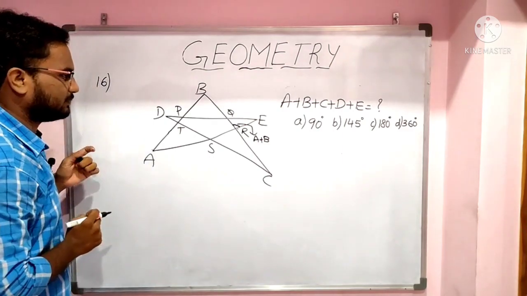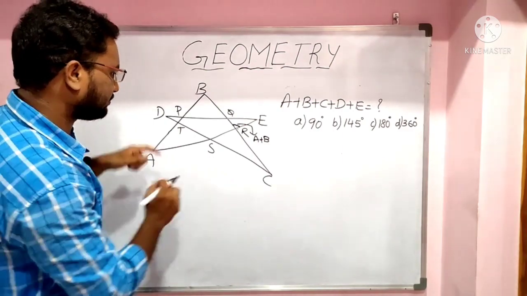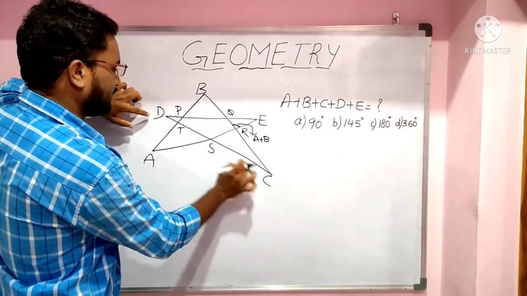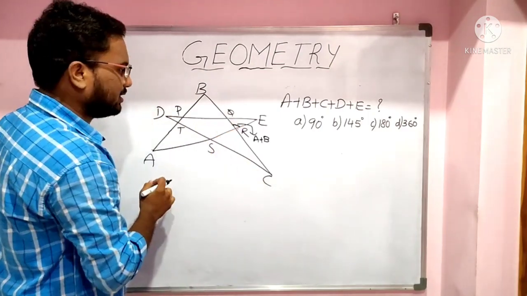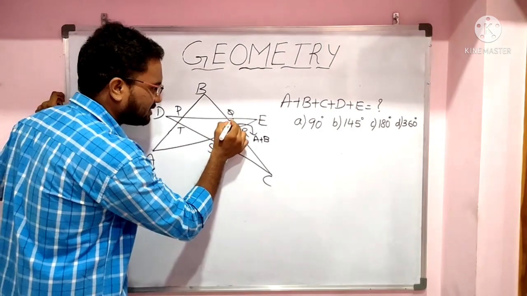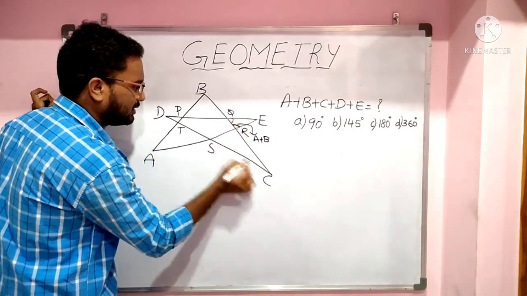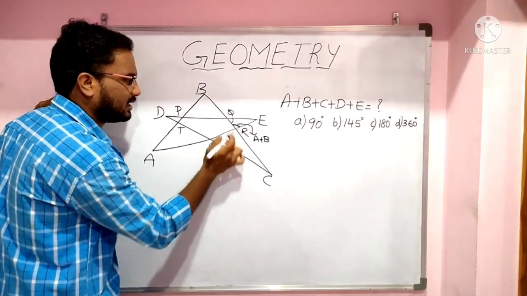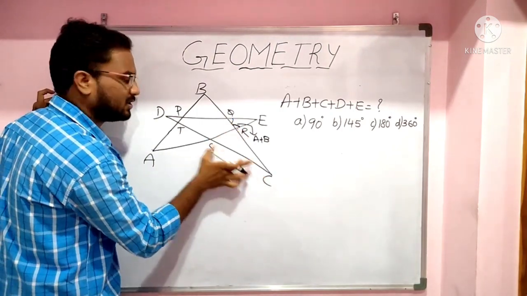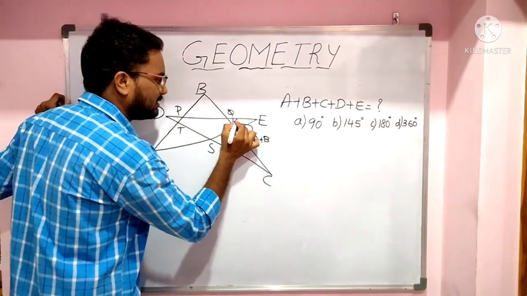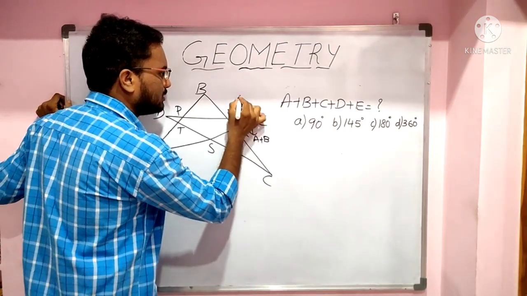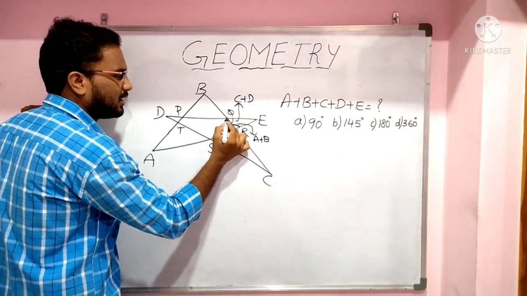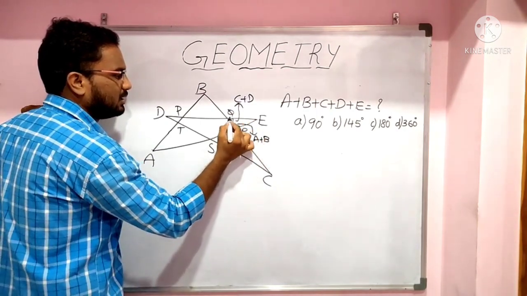Next, if I take this triangle CDQ, in this triangle, this is the exterior angle. So, exterior angle equal to sum of opposite interior angles. So, this value is C plus D. So, total, this is a triangle QER.